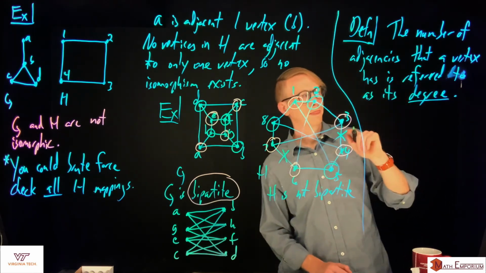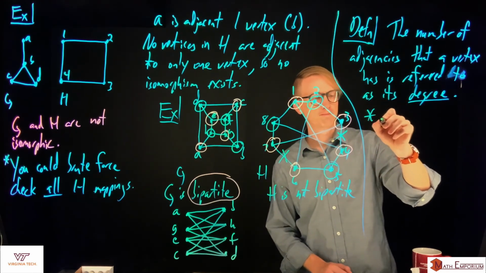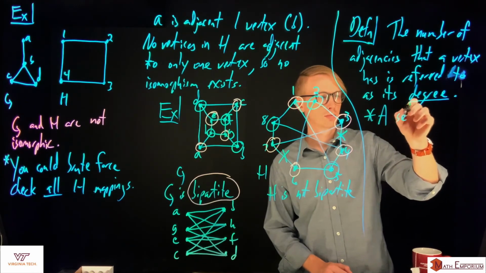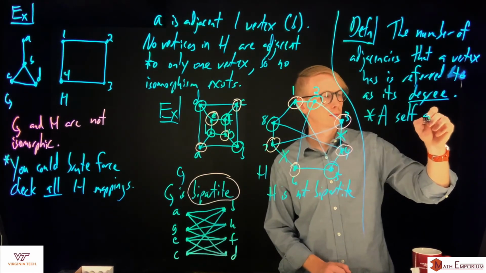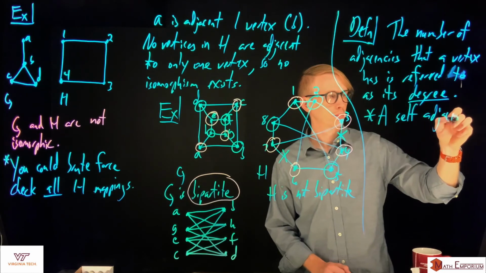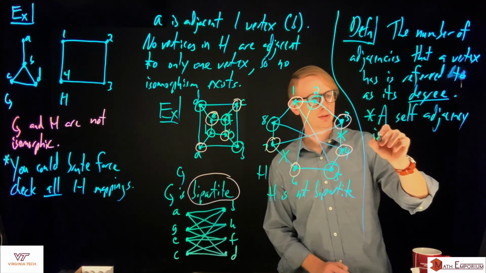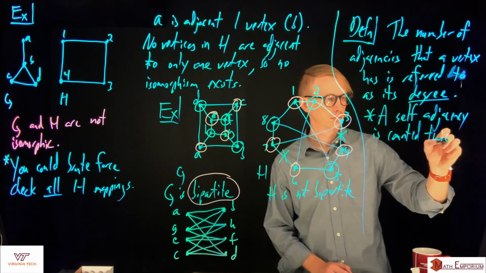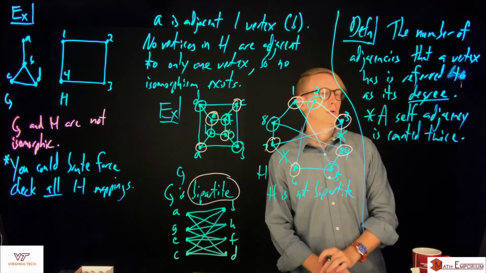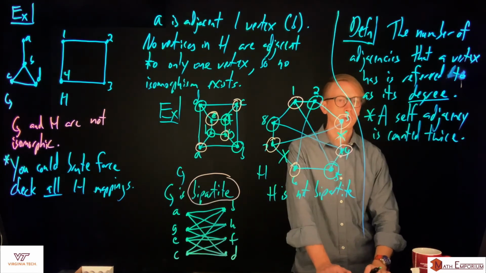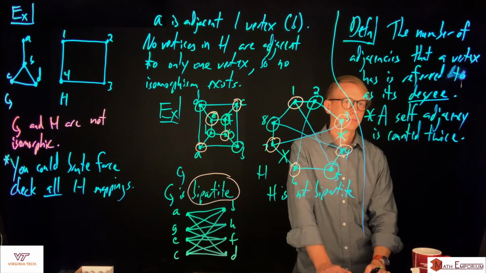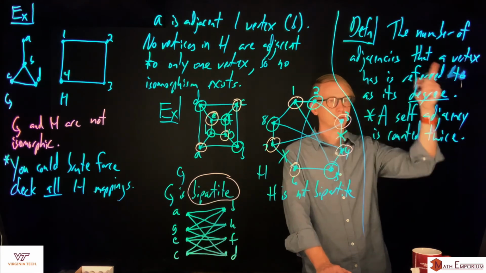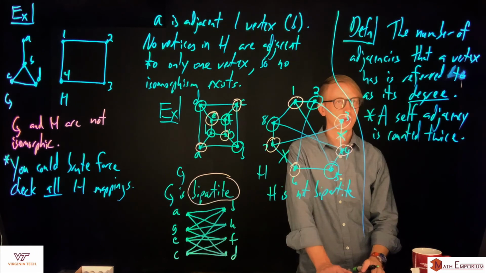All right, one caveat here. Self-adjacency is counted twice. Okay. All right, now why is that? Well, that's because the edge comes in with both ends. All right.